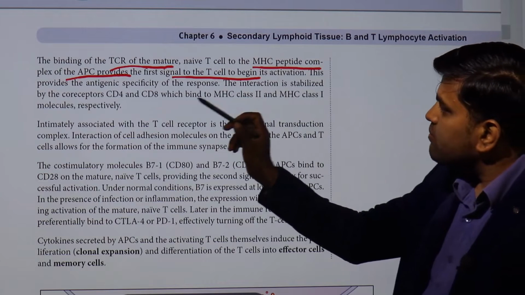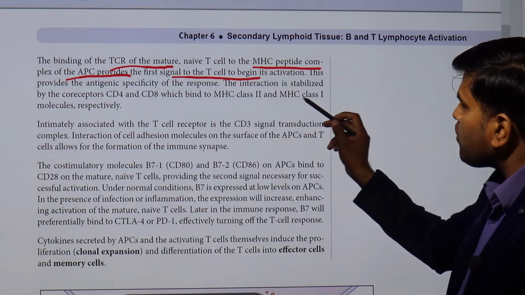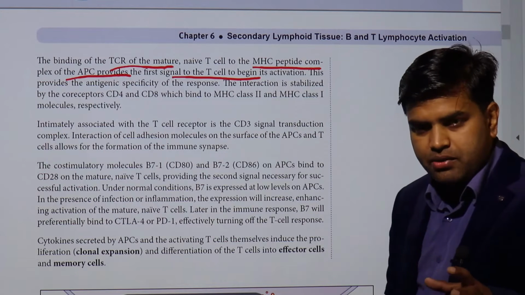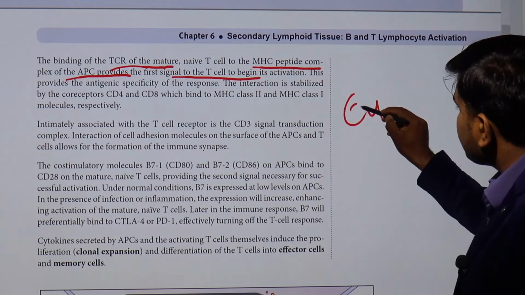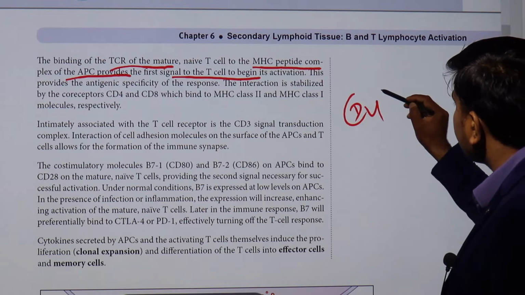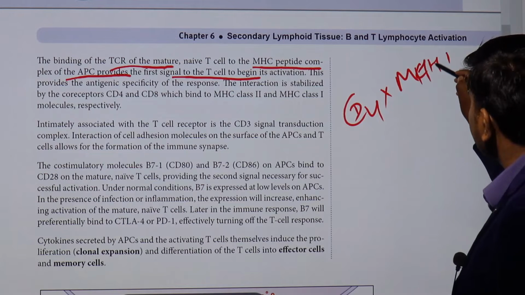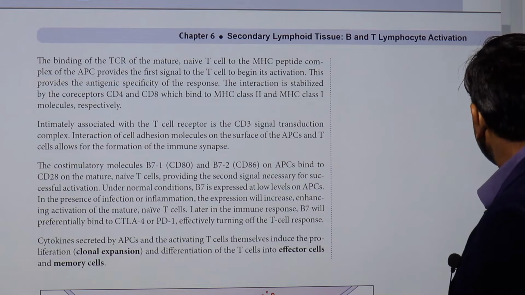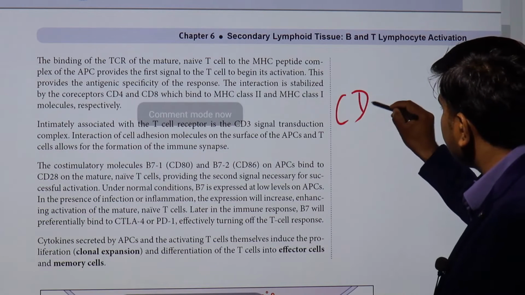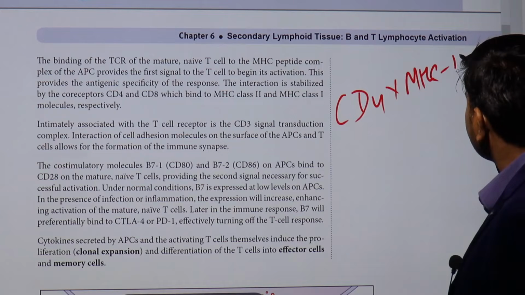The interaction is stabilized by the co-receptors CD4 and CD8, which bind to the MHC class 2 and MHC class 1 molecule respectively. We know the formula, the rule of 8. So what is the rule? The rule is CD4 into MHC class 2 actually.